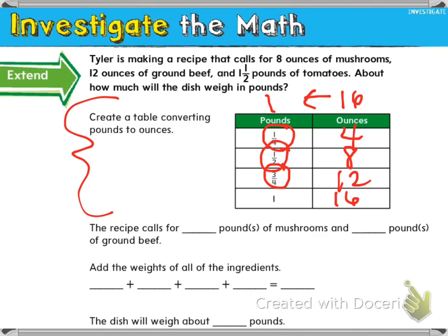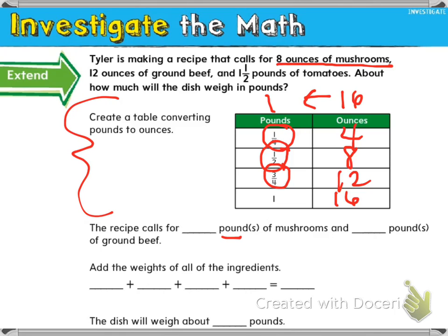The recipe calls for blank pounds of mushrooms and blank pounds of ground beef. So how many mushrooms does it call for? 8 ounces, but this is asking in pounds. So what's the pound equivalent to 8 ounces?